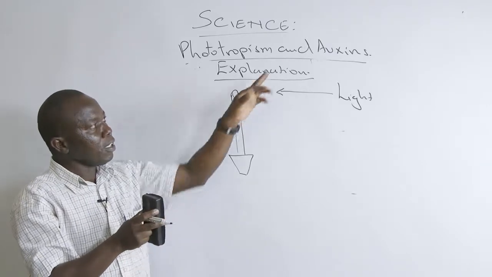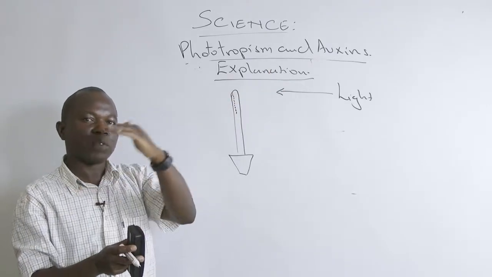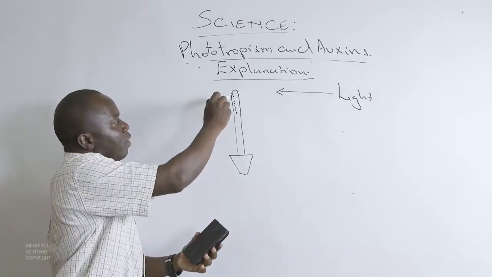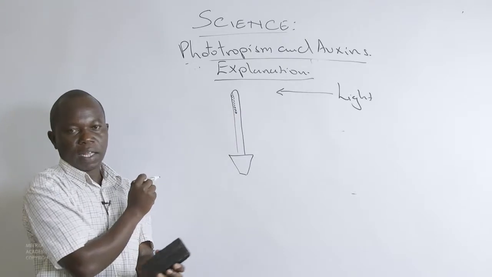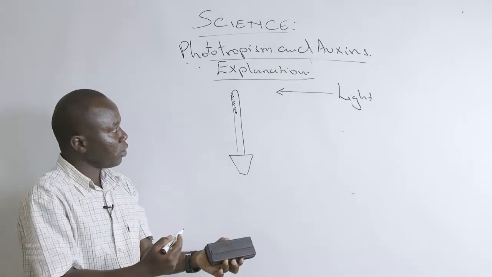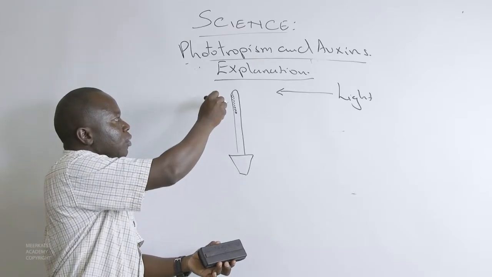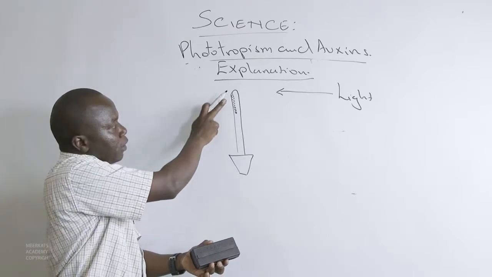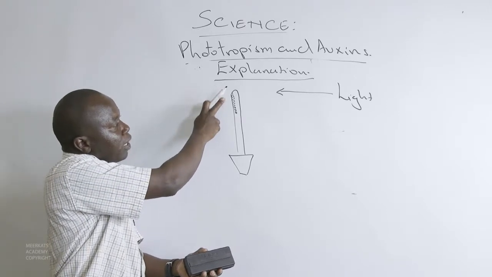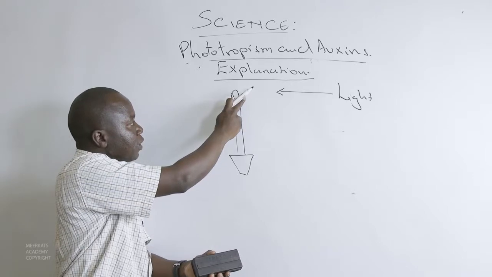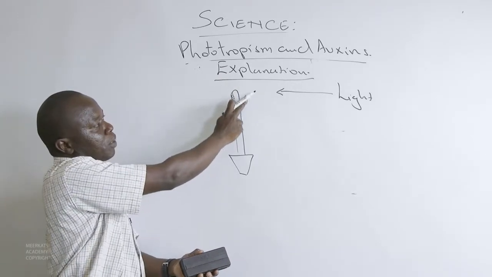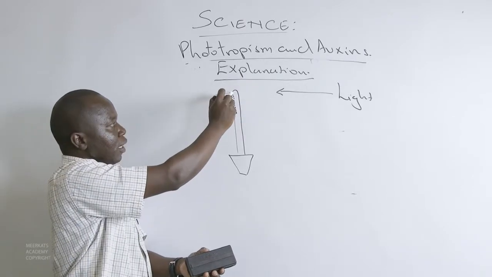But we have said the effect of auxins on shoot is stimulatory. It stimulates cell elongation. So if we have high concentration of auxins at that point and they stimulate cell elongation, it means this side is going to grow faster. The shaded area will grow faster than the lit part. So in the process, because this one is growing faster than that point, it is going to bend towards light.